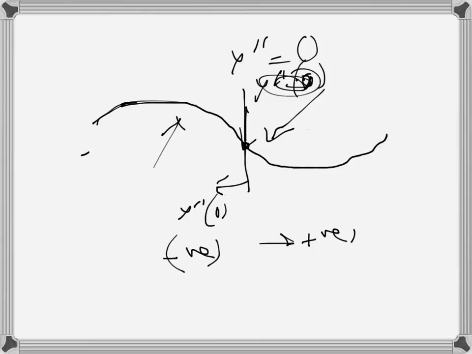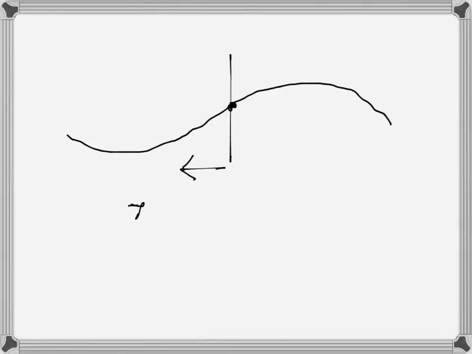That's basically the previous situation. The other situation can be like this, and then maybe like that. Here there is a point of inflection, where the second derivative on the left can be positive and on the right can be negative.